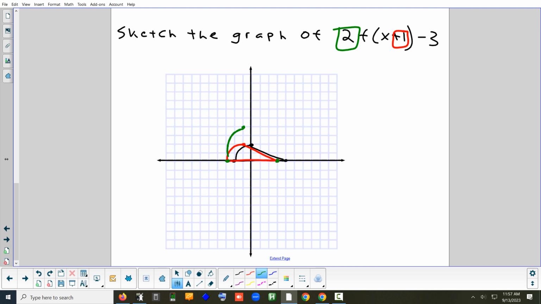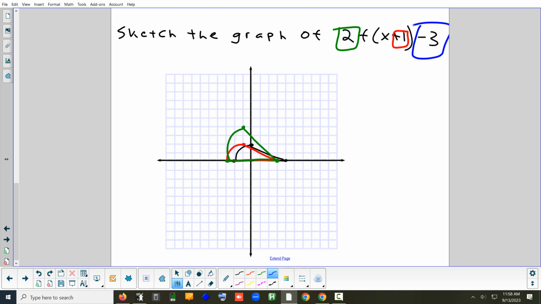So there is a vertical stretch by a factor of 2. When we vertical stretch by factor 2, the y value is multiplied by that number. So all y values.